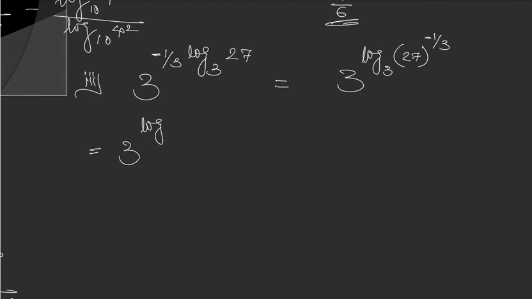You know what that is? That is 1 upon 27 raised to 1 by 3 to the base 3. Because of the minus sign, I have taken the reciprocal of 27. So it becomes 3 raised to log of... what is the cube root of 1 by 27? The cube root of 1 by 27 is 1 by 3 to the base 3.